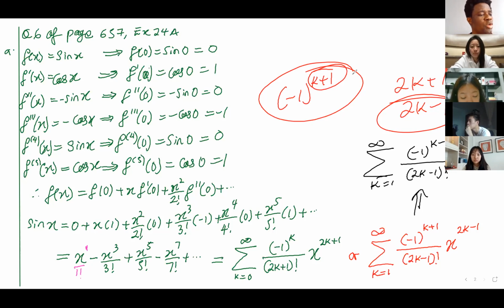Yes, you are right. So can you tell us why we do not have that? What feature of sine x has caused this, Krista? Because sine x will turn to be cos x. Say that again. No, sine x is cos x at 45 degrees, which is pi over 4. I think you're thinking too much. It's something simple.